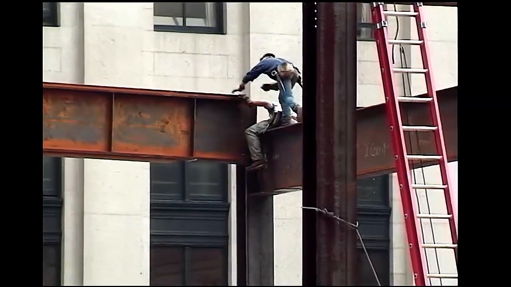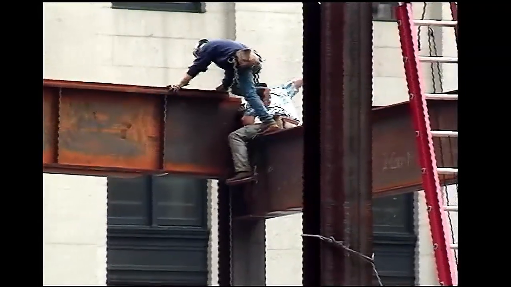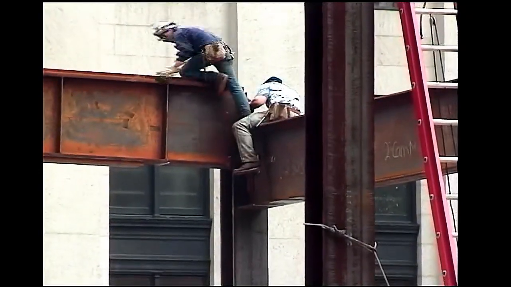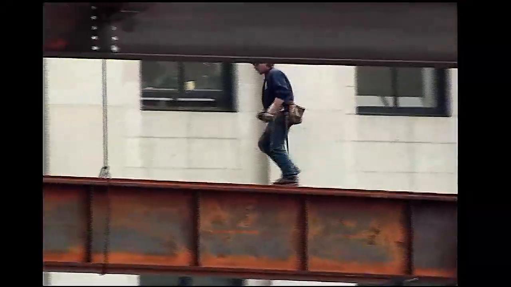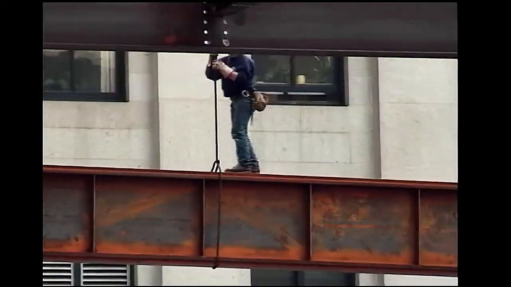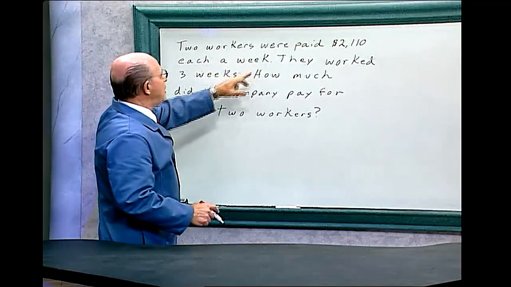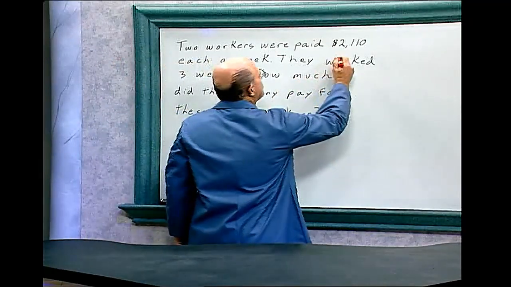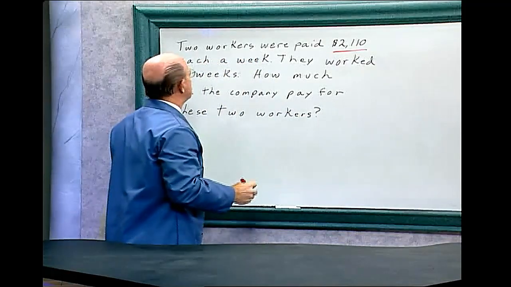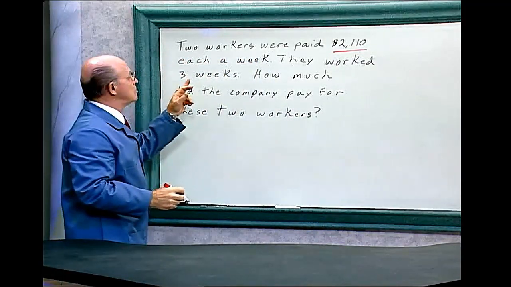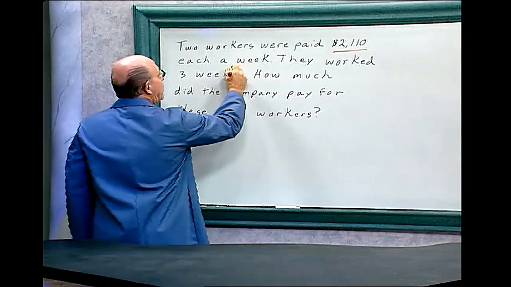These 2 workers were paid $2,110 each per week. They worked 3 weeks. How much did the company pay for these 2 workers? Let's do the math. And notice 2 workers were paid $2,110 each a week.